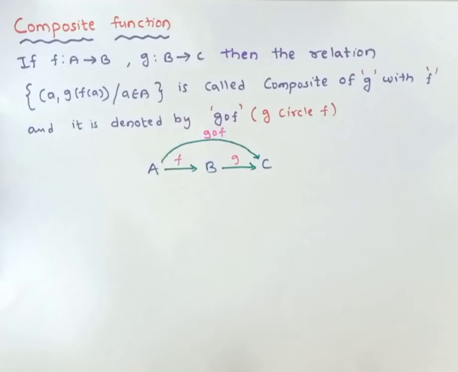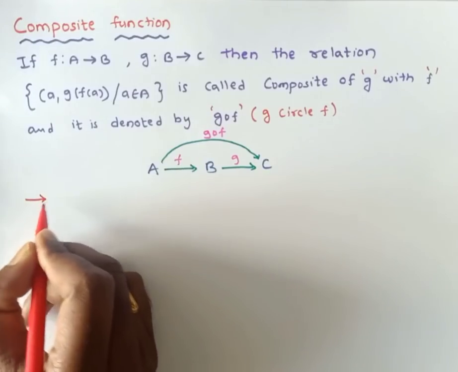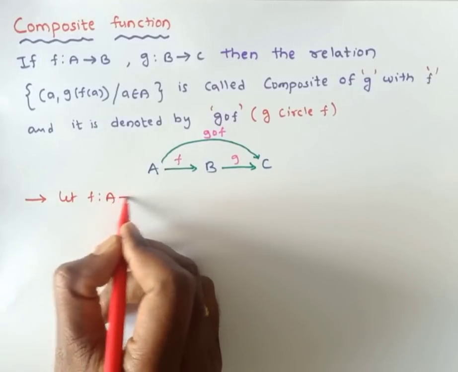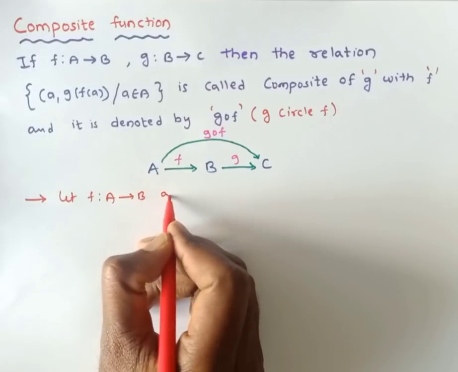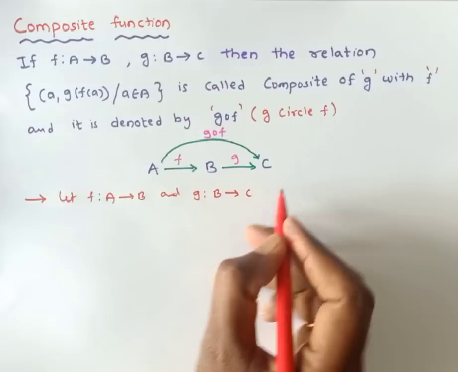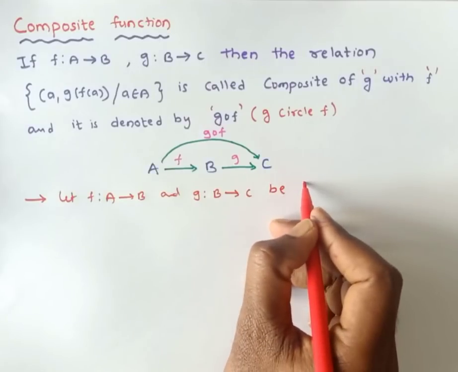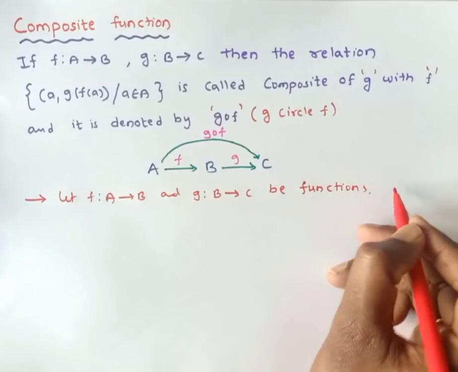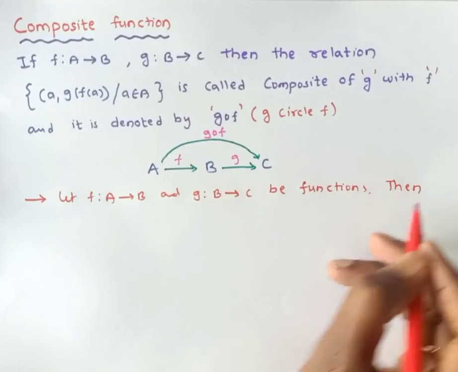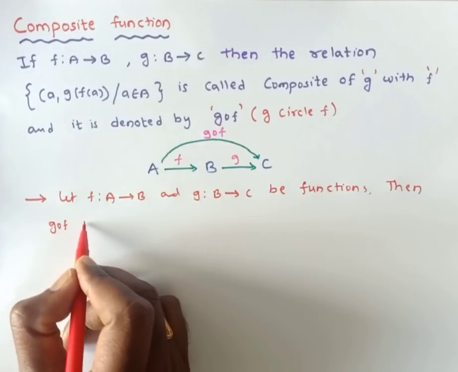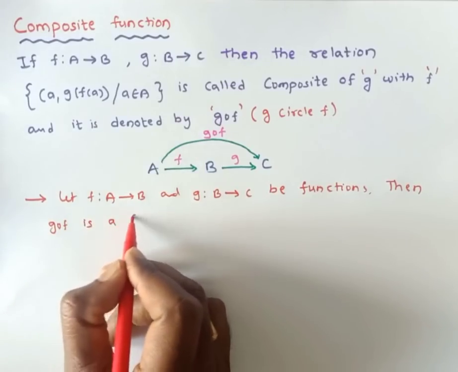And so here we can note one point: let f from a to b and g from b to c be two functions, then the function g circle f is a function.